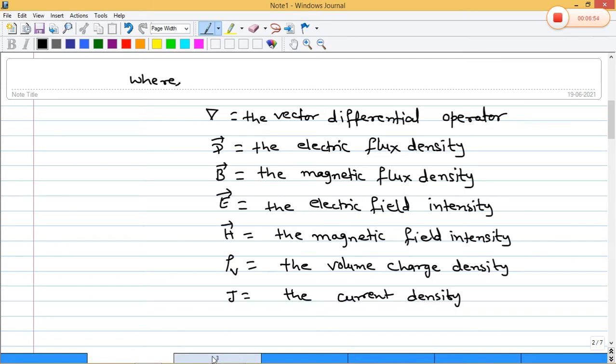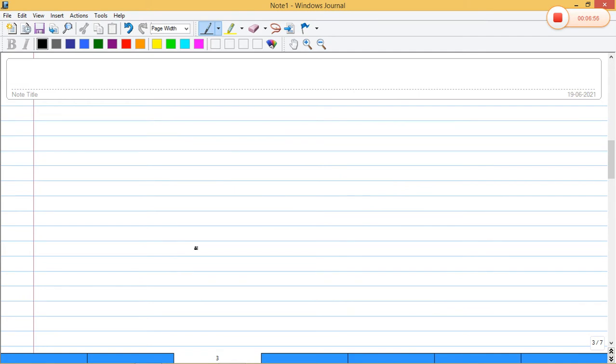Okay. Next we have to know about scalars and vectors. So what is a scalar?